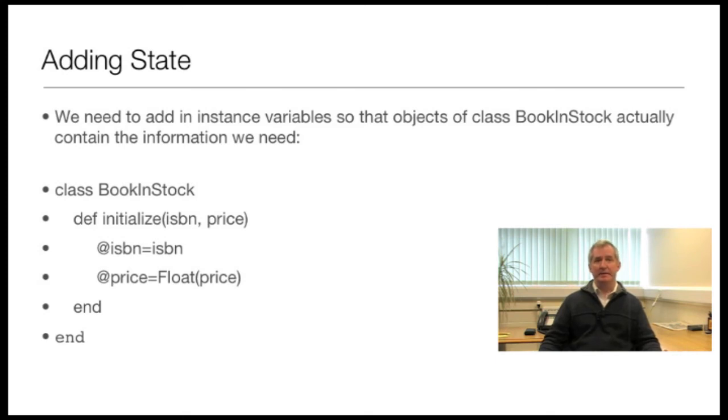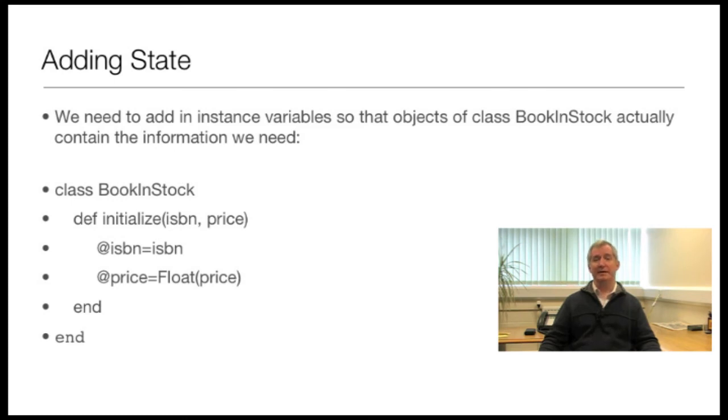Undecorated ISBN refers to a local variable. We're going to use the local variable to pass a value to the instance variable. In this particular case, what we're also doing is casting price into a float before assigning it to the respective instance variable. So the assumption here is that price has been received from a form as a string.